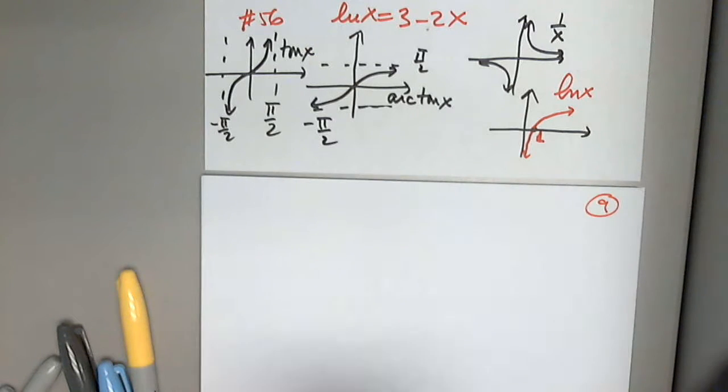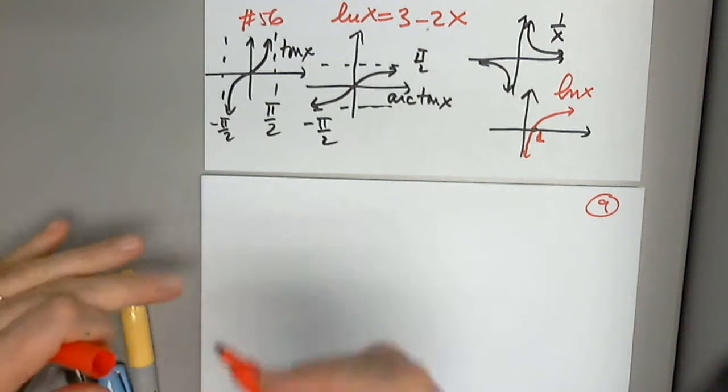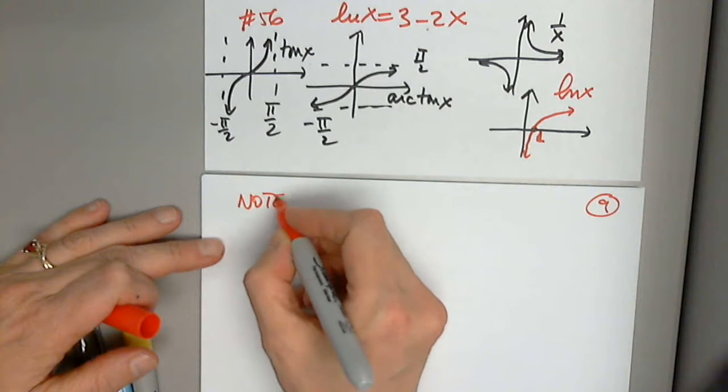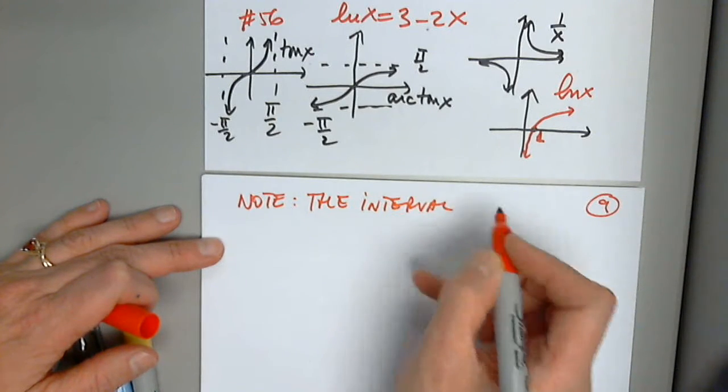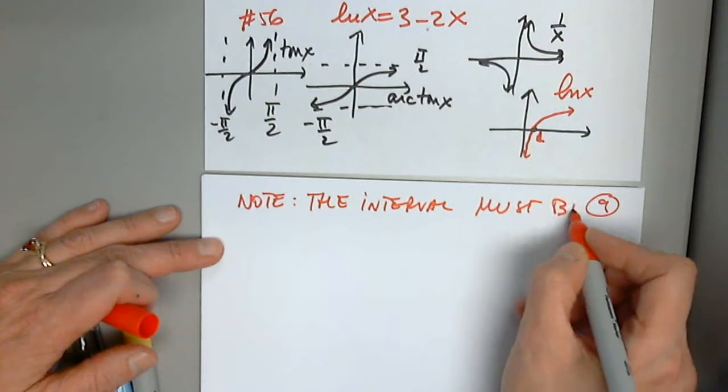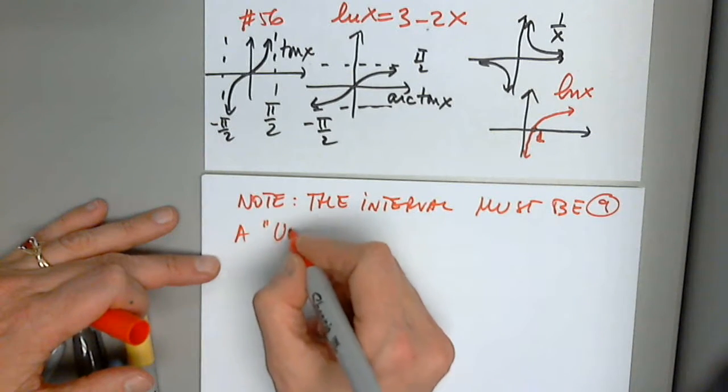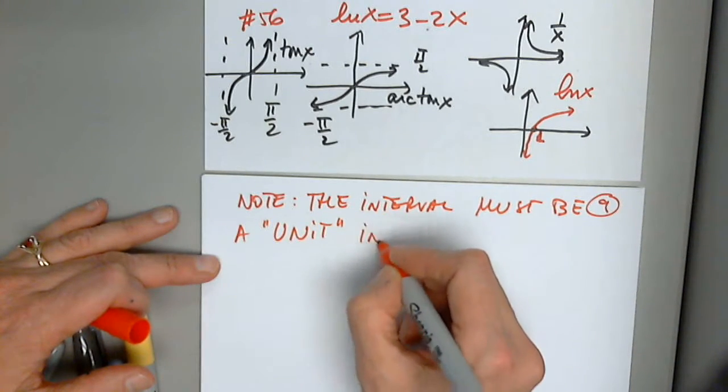So what is the first step? In this problem 56, they're not nice enough to give us any interval. One note for you. The interval must be a unit interval.